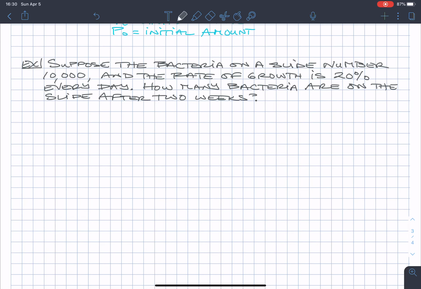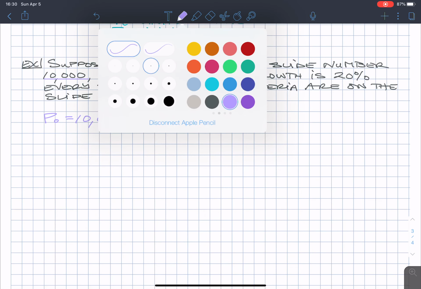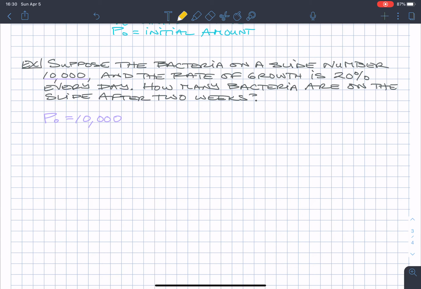Okay, so we know that the initial amount, P sub 0, is 10,000, right? What is my rate? My rate of growth is 20%, so that's my little r, right?